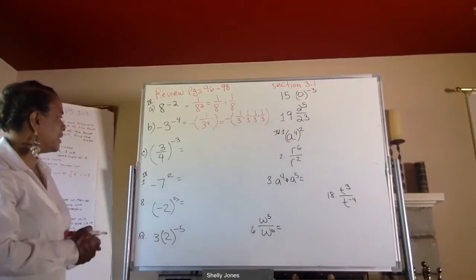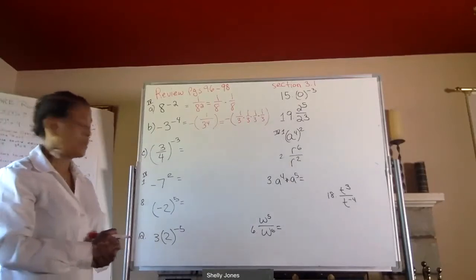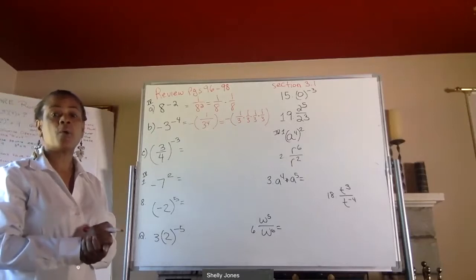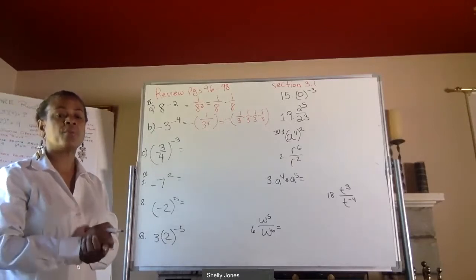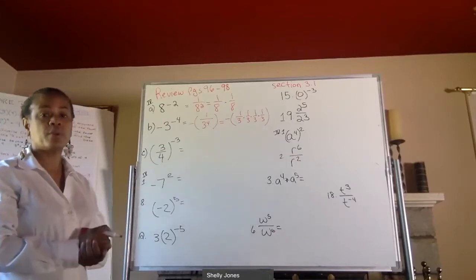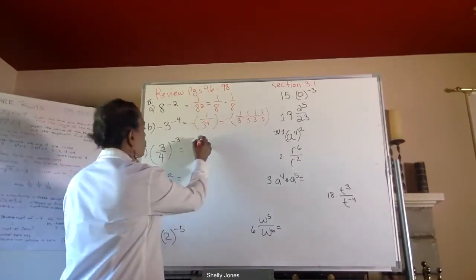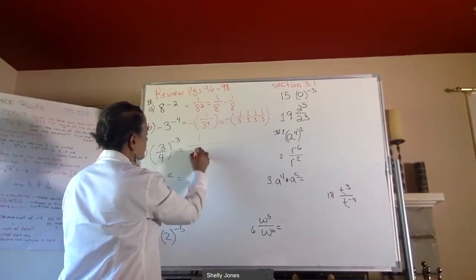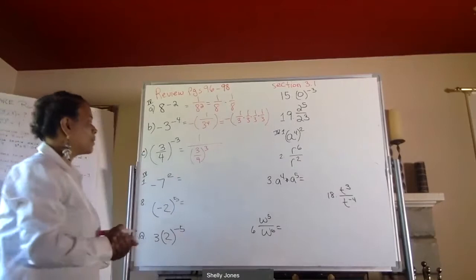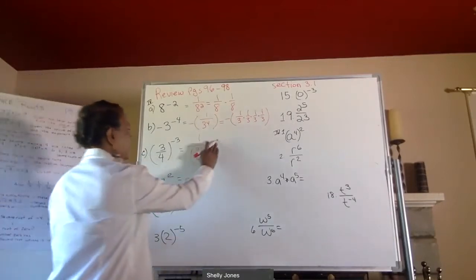The next one says 3/4, but it's in parentheses, to the negative 3rd power. So that entire 3/4 becomes the denominator, 1 over 3/4 to the 3rd. So 1 over 3/4 cubed, or to the 3rd power. Okay, and so what does that mean?